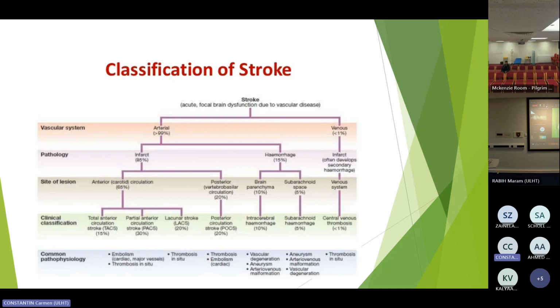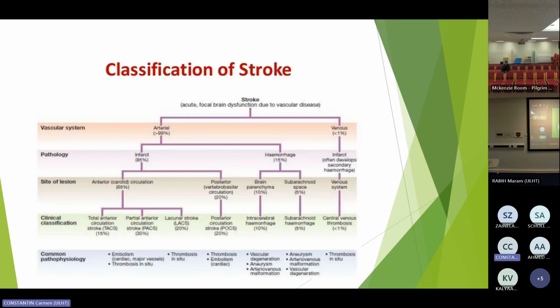We have the anterior stroke, so-called carotid circulation related, when we can have the total anterior circulation stroke, which actually is less often seen among the anterior circulation strokes, but is the most damaging.